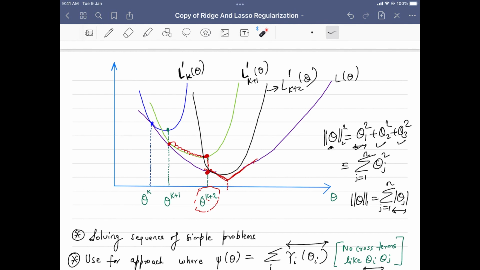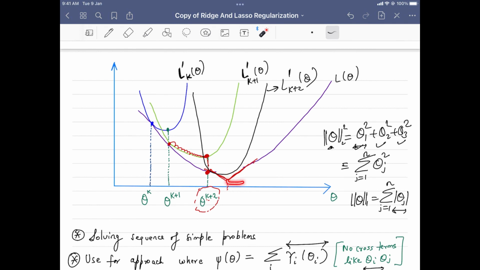And the important point is that for this particular black function, your gradient descent is valid. The gradient you can easily calculate, but at the same location for this loss function L theta, where we have this pointed curvature, the derivative of the loss with respect to theta is not valid. So what we do is we calculate the minimum up to this point and project it back onto the original loss function L theta.